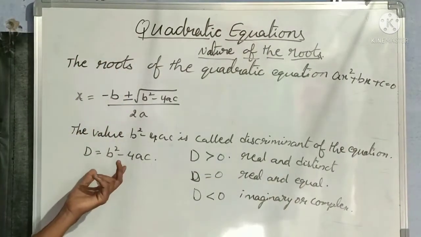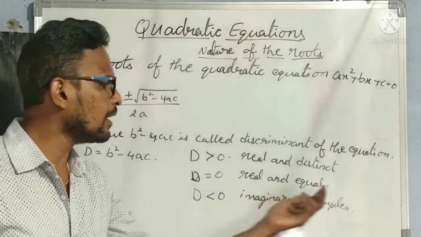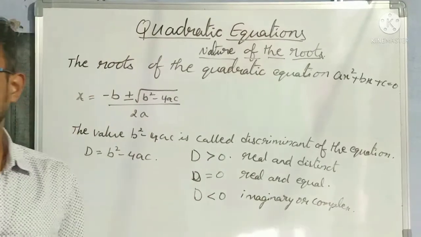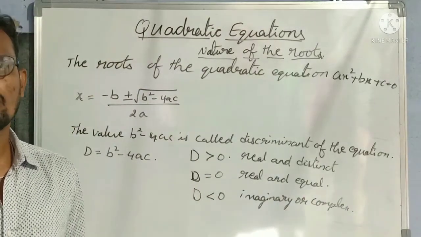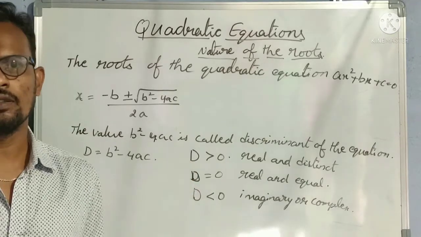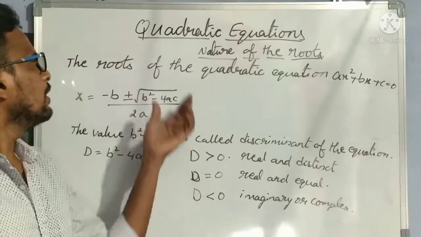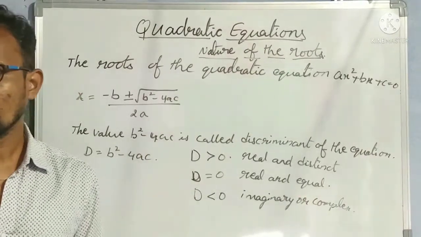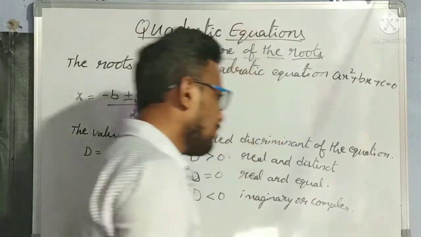If this discriminant value is less than 0, then the roots are imaginary and complex. Understood? Very important. Please note this point, everybody. Depending on the discriminant only we can find the nature of the roots. Clear? So now let us see one example related to this.